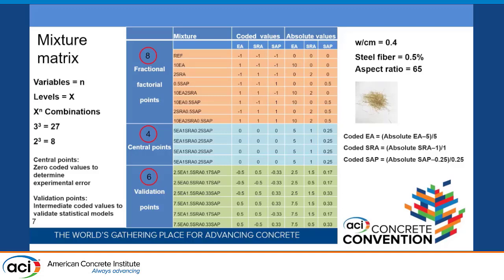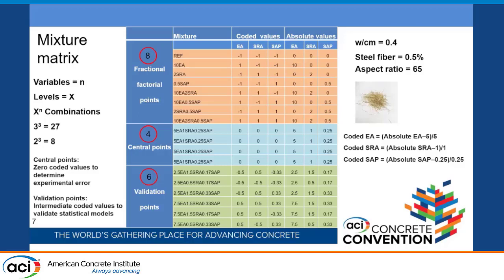Coded value is equal to absolute value minus the middle ratio of that variable, divided by half the spread of the variable. In factorial design, we are supposed to have central points to measure the experimental errors. I had 4 central mixtures, central points, designed based on the coded value of 0, or the middle ratio of the variables.